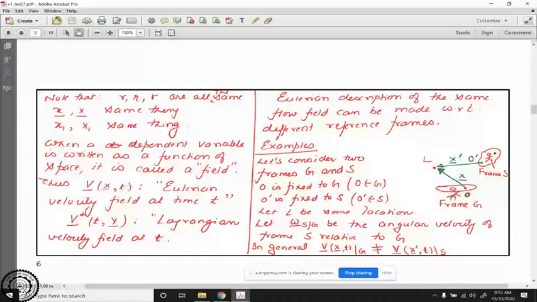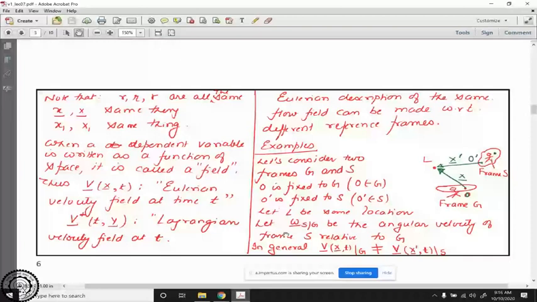The person sitting on frame G will measure the position vector from an origin which is fixed to frame G, that fixed point is O here. And the other observer would like to measure the position vector of the same fluid particle from a point O prime, which is a point fixed in his frame.